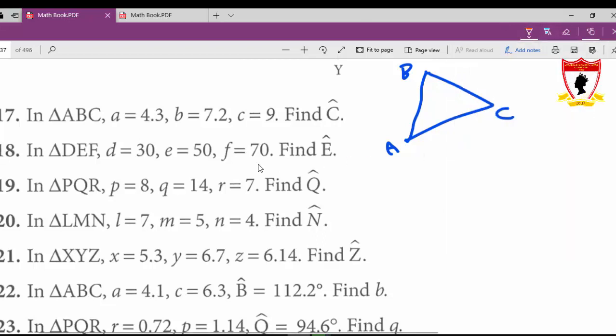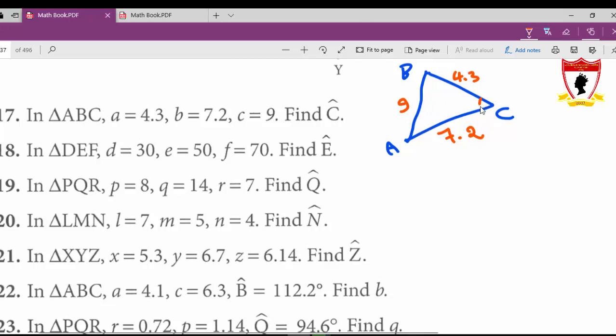And let's mark the angles. Side A is 4.3. Which side is A small? The side opposite angle A. So here is A small. This is 4.3 centimeters. B is 7.2, and C is 9.